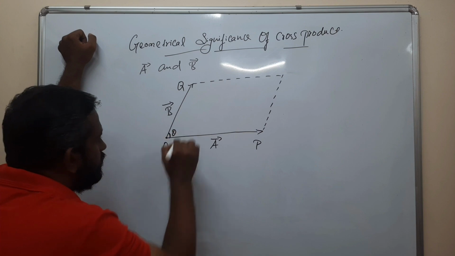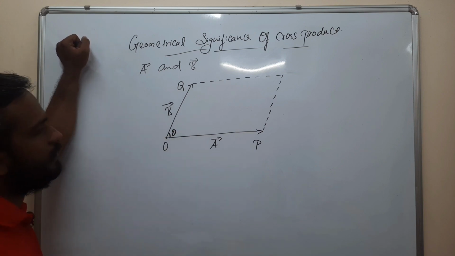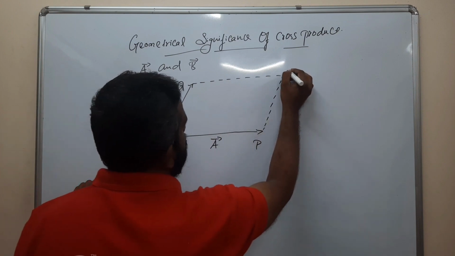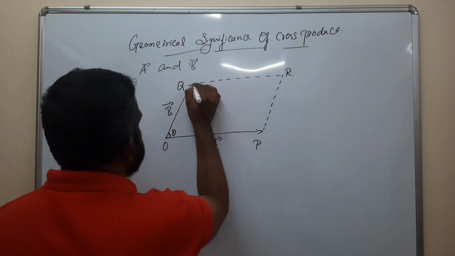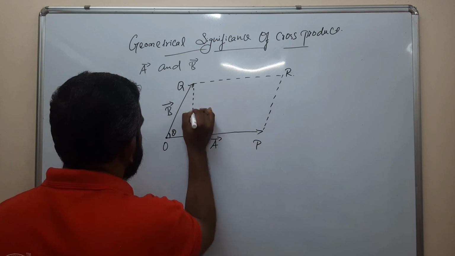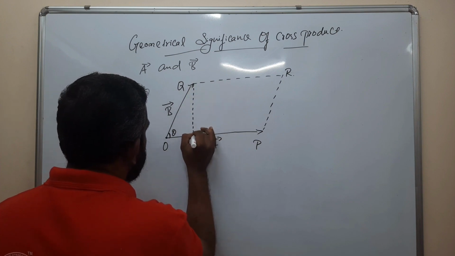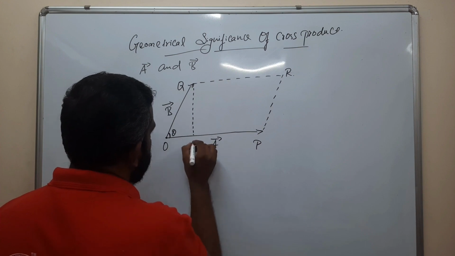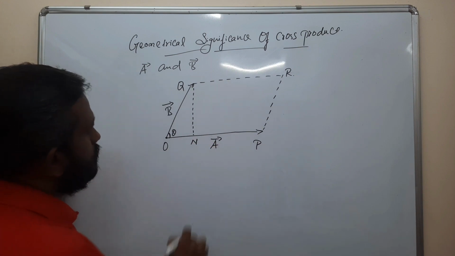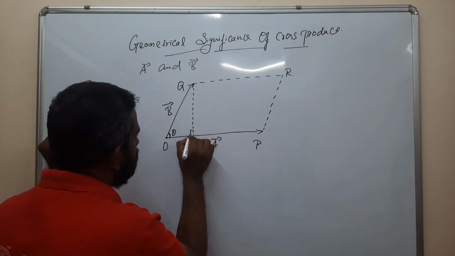This angle is theta. This is OP, OQ, and this is OR. Draw a perpendicular QN. So this is a right angle, 90 degrees.